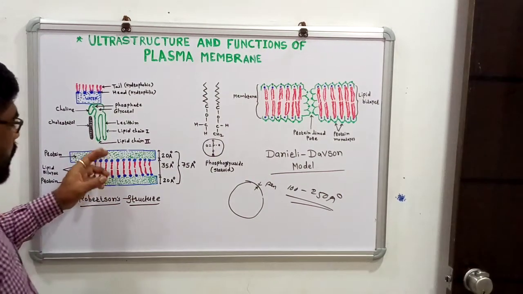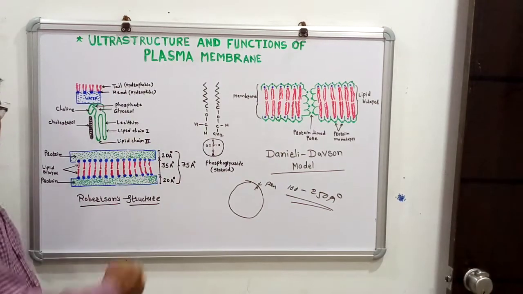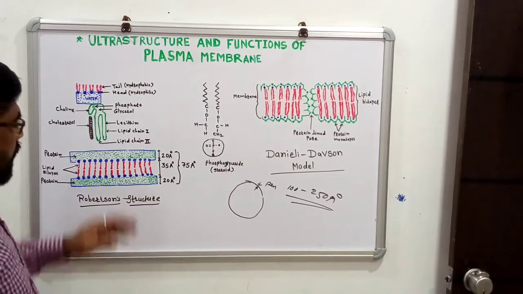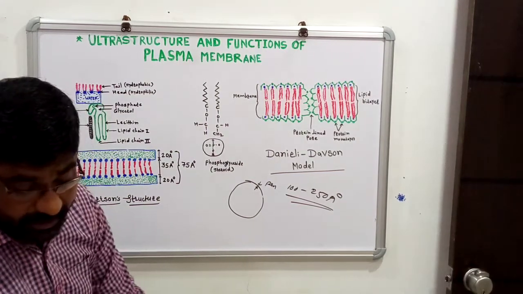First of all, scientists proposed the trilaminar structure of the plasma membrane.